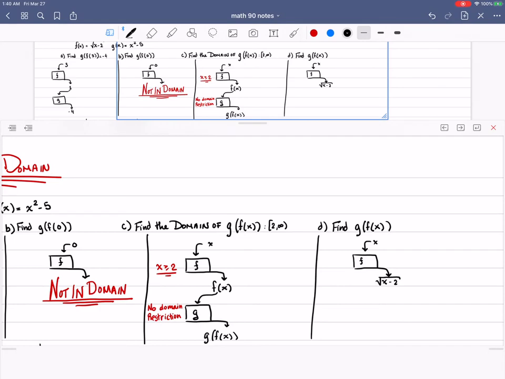There we are. And then G, what does G do? Well, G squares its input and subtracts 5.